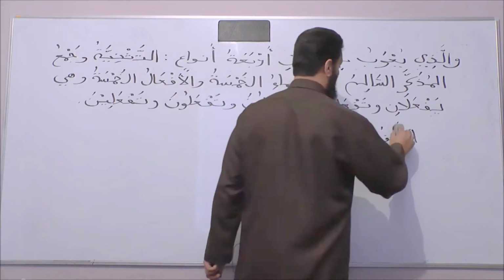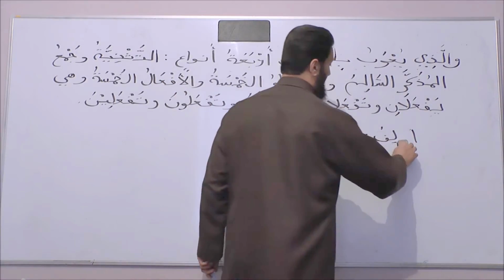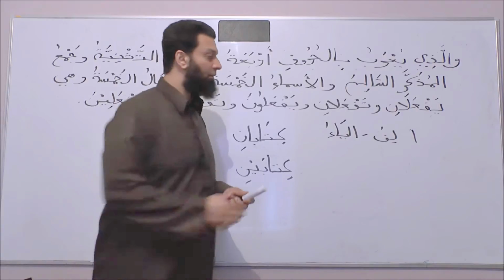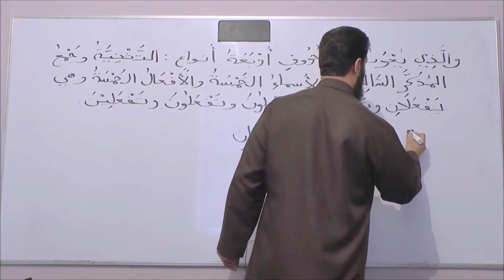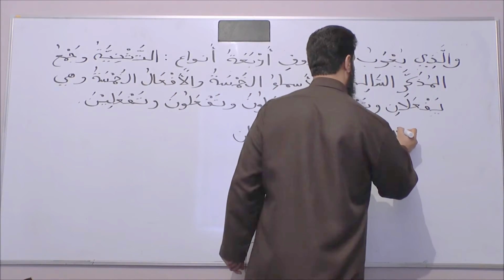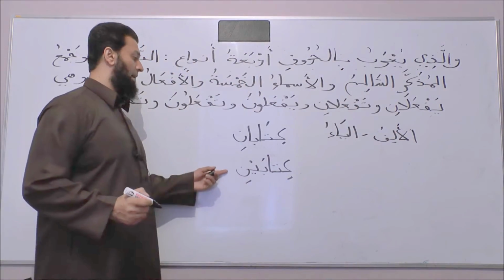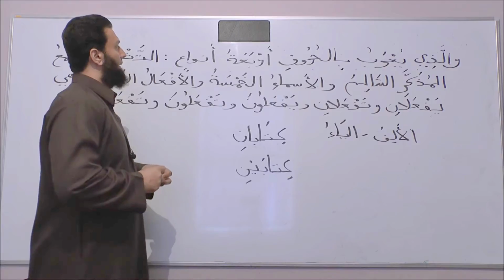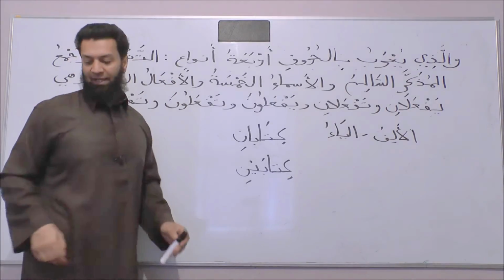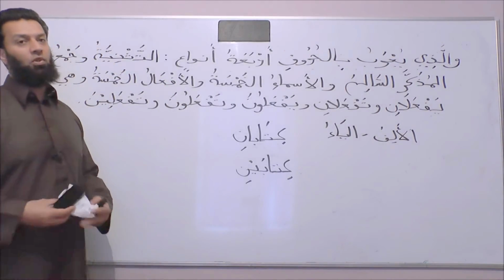So we have al-alif and al-ya'. Hassan, al-alif and al-ya'. That is in relation to at-tathniyah, the dual.